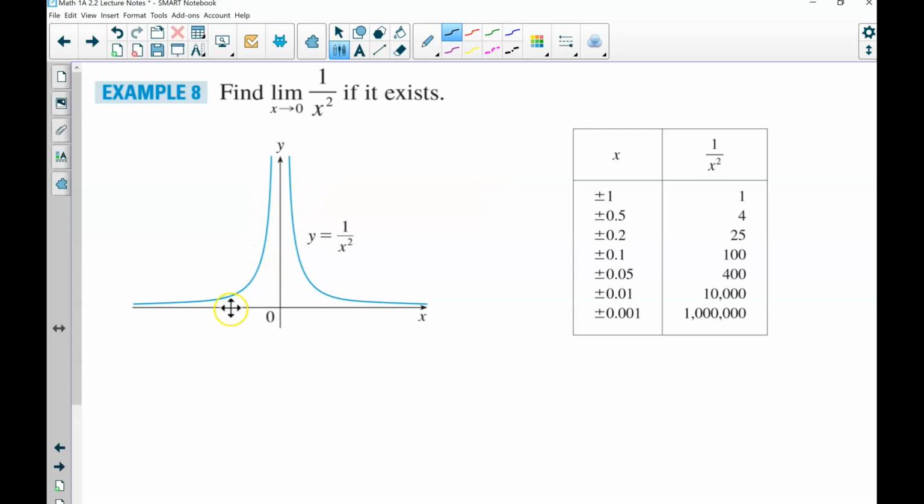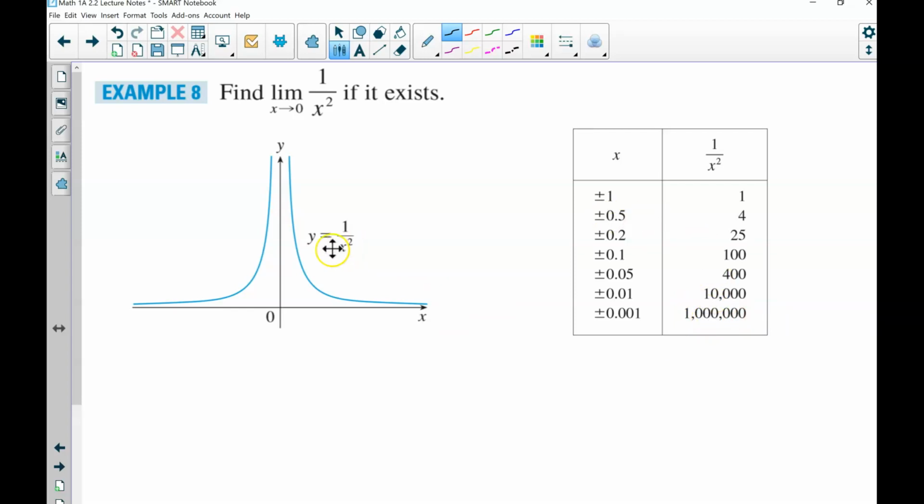As x becomes closer and closer to 0, x squared becomes close to 0, and 1 over x squared becomes very large. You can see here that it's getting large. Over here, when you plug in those numbers in a table, you can see that as you're getting closer and closer to 0, the outputs are getting increasingly large.